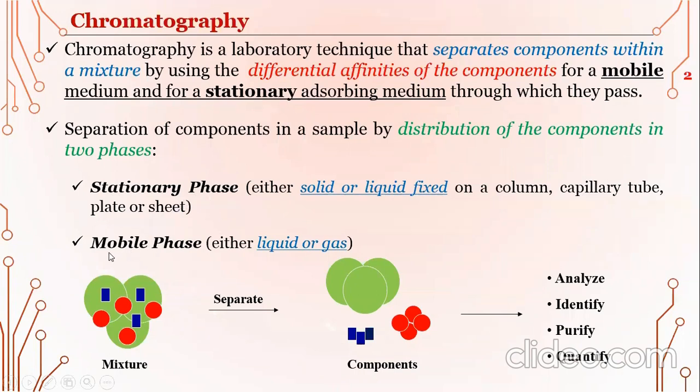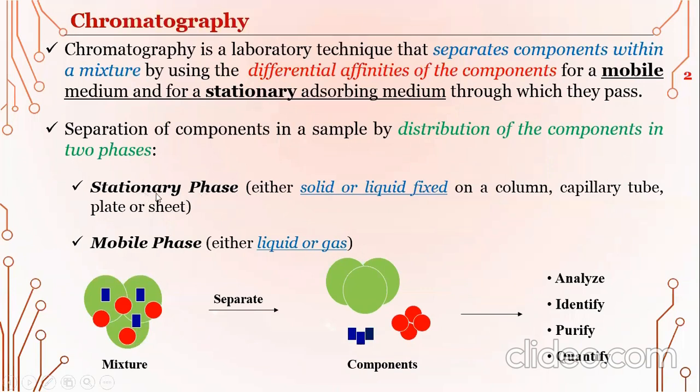And the next one is the mobile phase, and the mobile phase could either be liquid or gas. So what we have talked about is that chromatography has two components, which we call 2 phases, and through these 2 phases a mixture could be separated.